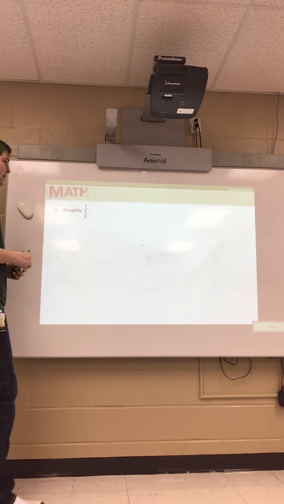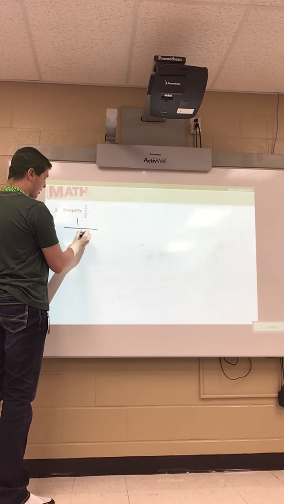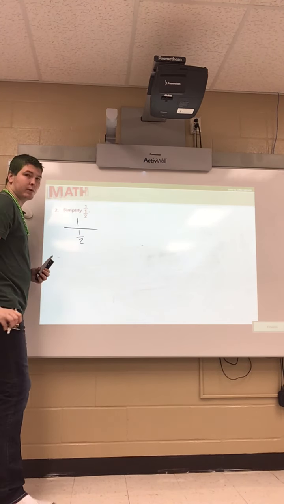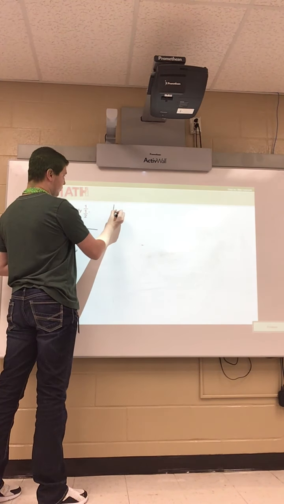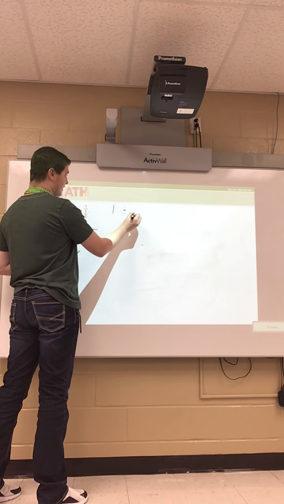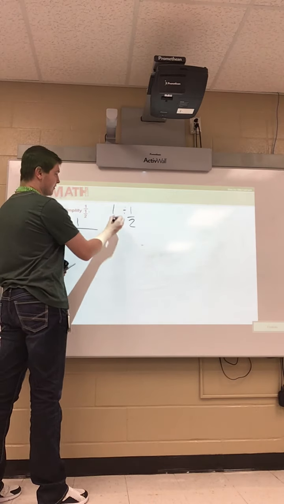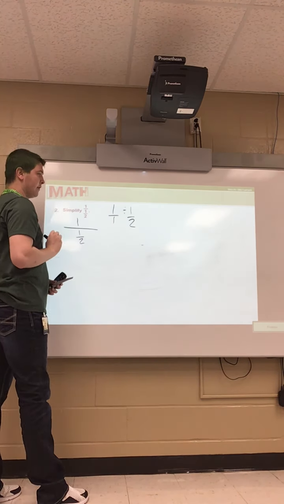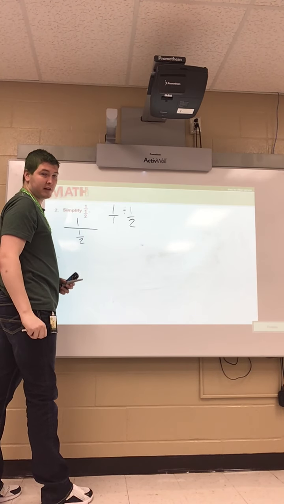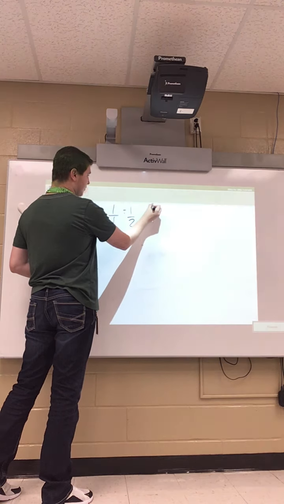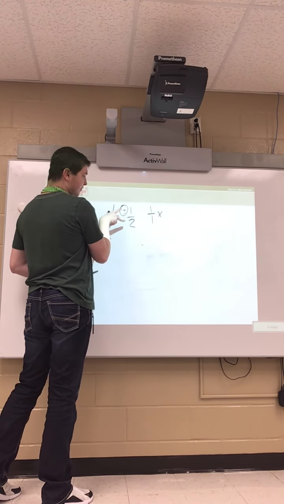So what happens when they switch it? When we have 1 divided by 1/2, you just do the exact same thing we've been doing. Rewrite it: 1 divided by 1/2. They both need to be fractions, so 1/1. Now we need to switch and flip. Keep 1/1. Switch the sign. Flip the fraction.